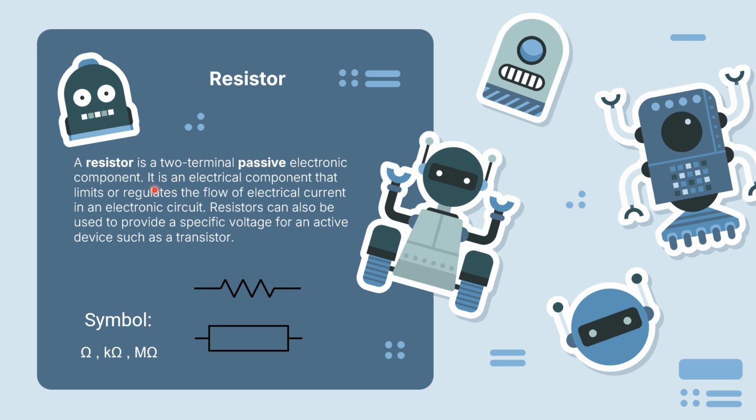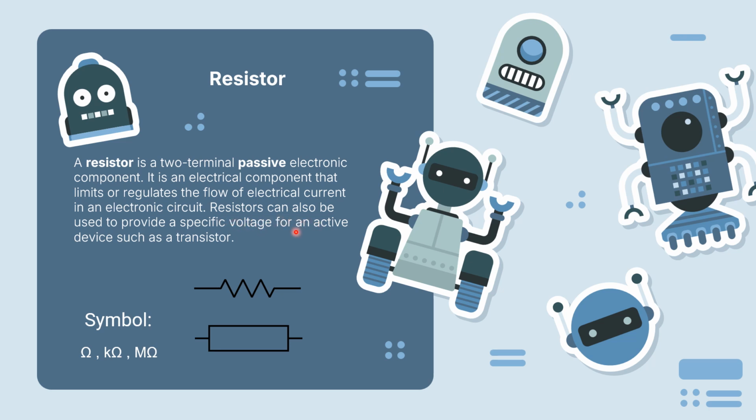It's an electrical component that limits or regulates the flow of electrical current in an electronic circuit. If you remember the tank and the valve, we can control the valve, and because of that, we can control the current. Resistors act as a valve in our circuits.